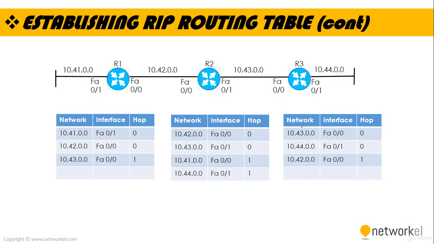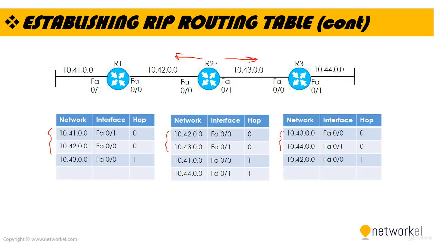Then in the next stage, routes are exchanged between neighbors and the routing tables begin to grow. As you can see here, this guy knows these networks first, and router 2 knows about this, and this guy knows about this one. Then they start to exchange routes with each other.